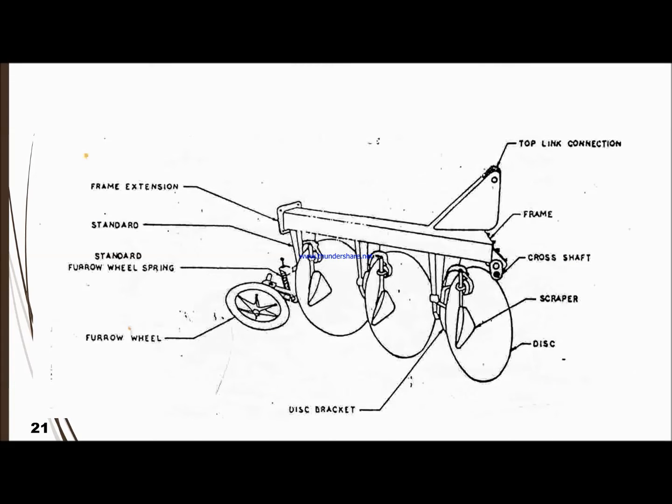In terms of the schematic design, we have a top link connection, frame, and a cross shaft, disc scraper, and bracket, and then at the back we have a furrow wheel to control the direction of the cutting, the standard furrow wheel spring, standard for the frame, and frame extension. So this is pretty much the entire design. This is basically a simple design.